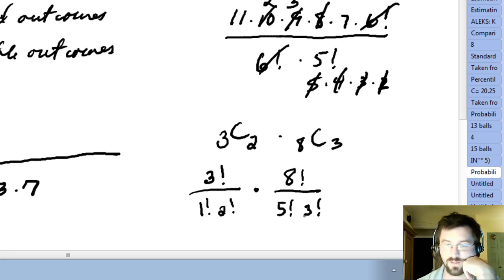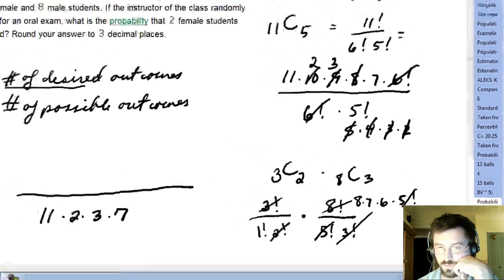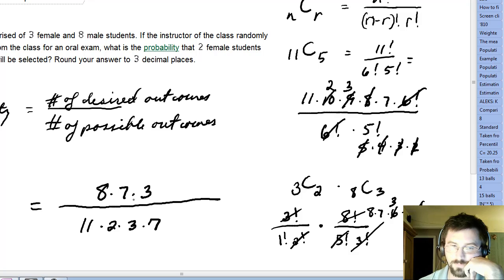Now you could go like this. And then 2 goes into, well, you can't go 2 goes into 8 because you got to write this out. So we'll rewrite this as 8 times 7 times 6 times 5 factorial. 5 takes out 5. And then 2 goes into 6 3 times. So in the numerator, I have 8 times 7 times 3.